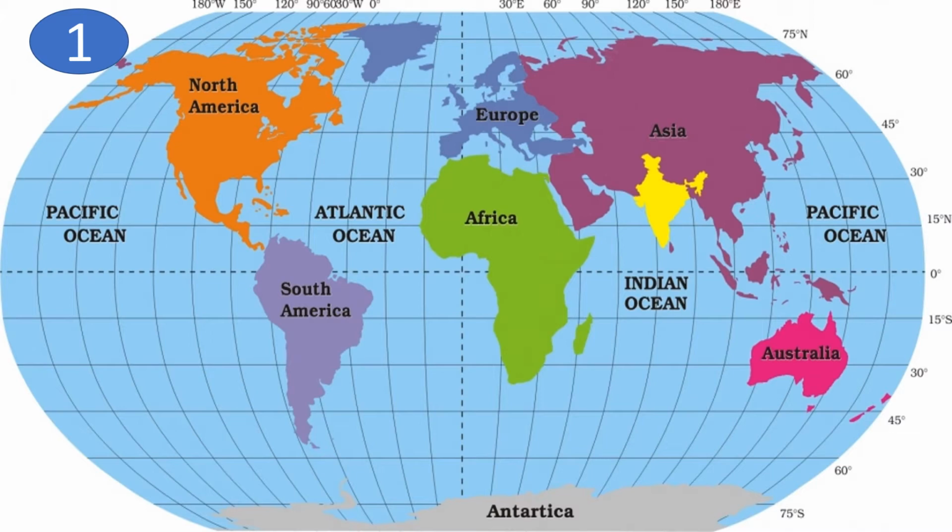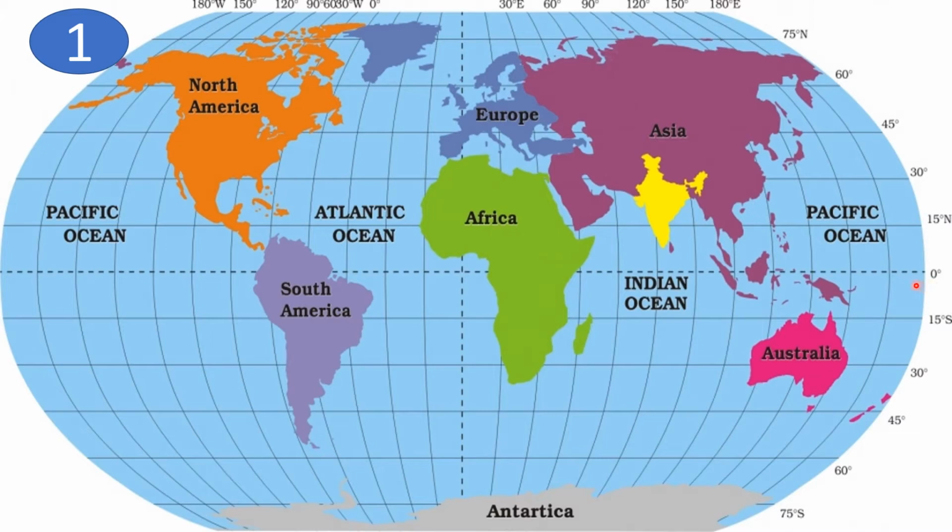And in this map one, we have lines in horizontal and vertical ways. The lines which are horizontal are called latitudes and the lines which are vertical are called longitudes. Here you can see at the middle we have the 0 degrees line. It is called the 0 degrees equator, which divides the earth into two equal halves.